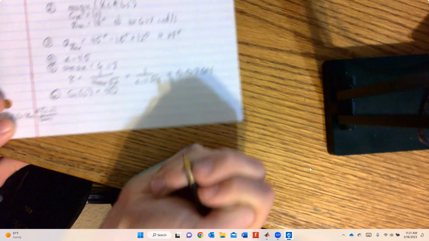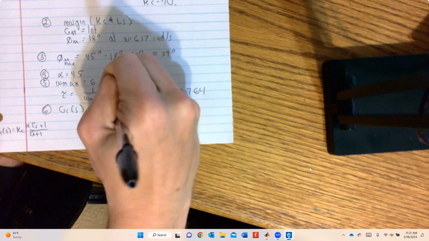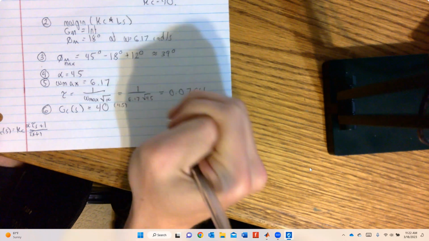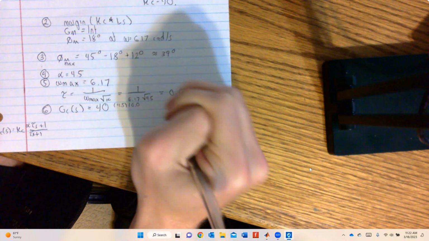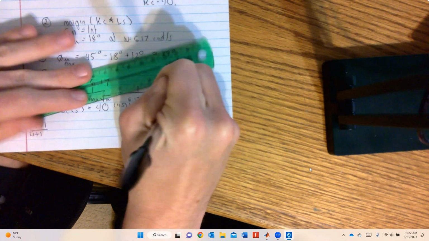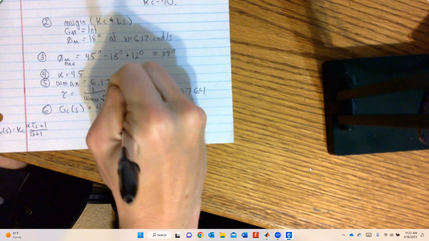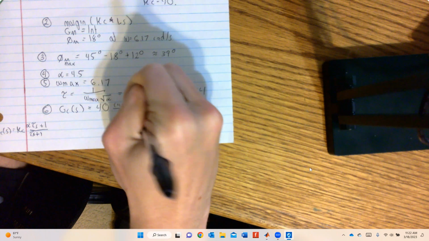So here, it's going to be KC times alpha, which is 4.5, times tau, which is 0.0764, S plus 1, all over tau S plus 1, which is 0.0764 S plus 1.